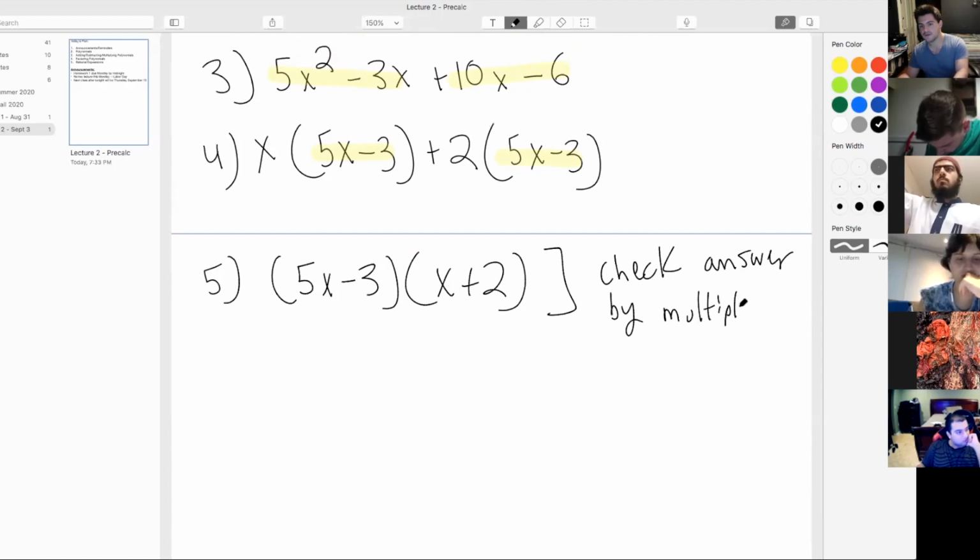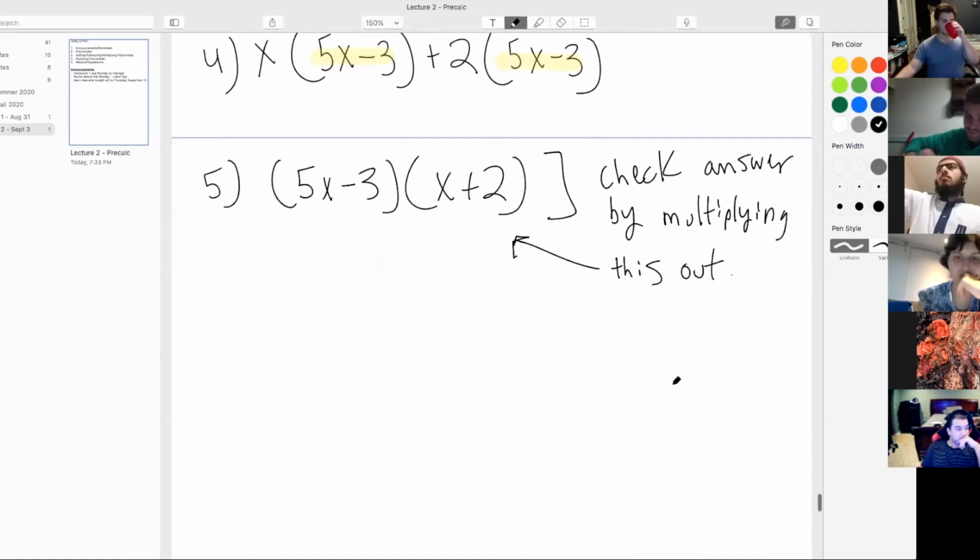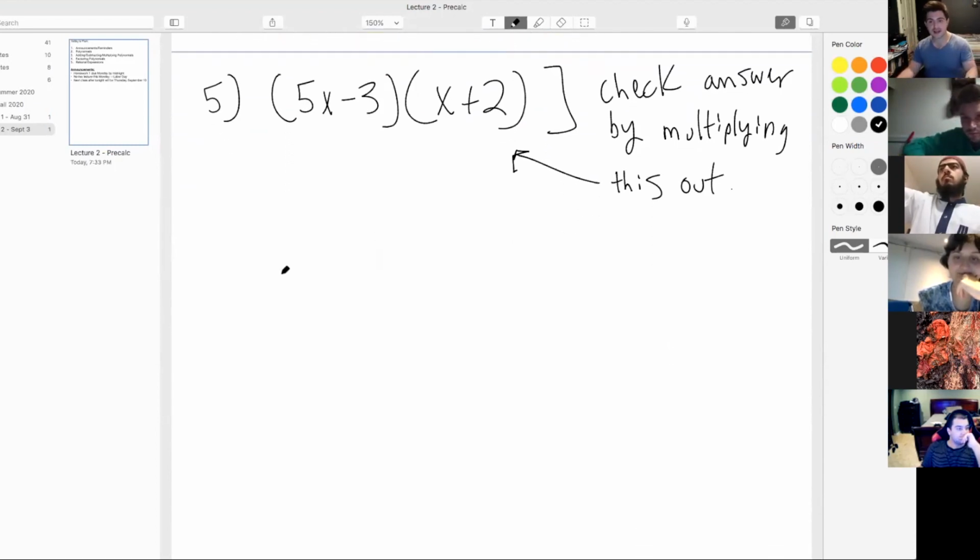All right, so just convince yourselves this is in fact the right answer. Okay, and that's it. Okay, so if there are no questions, I'll go on to the next factoring technique.